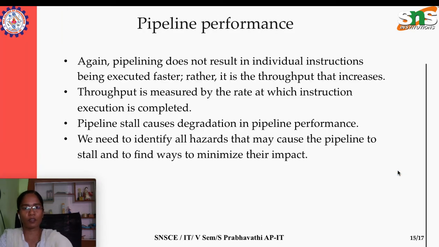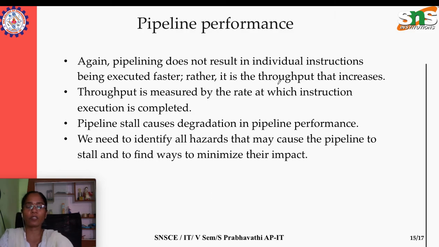And finally, talking about the performance of pipelining, as we discussed, pipelining is not for individual instructions. So we could compare its performance only when a large number of instructions have to be executed, and its performance is computed via throughput.